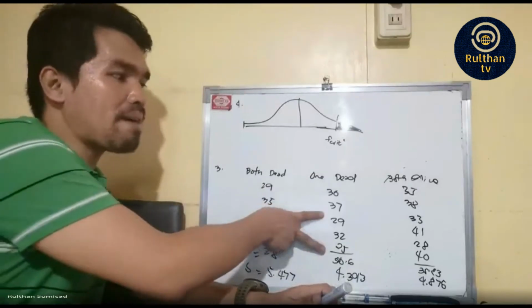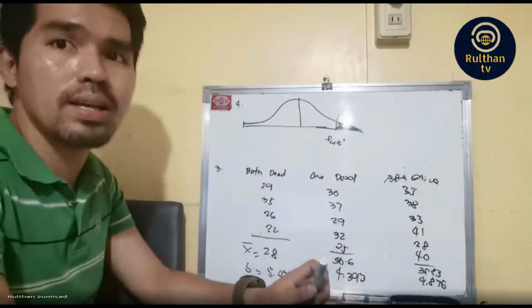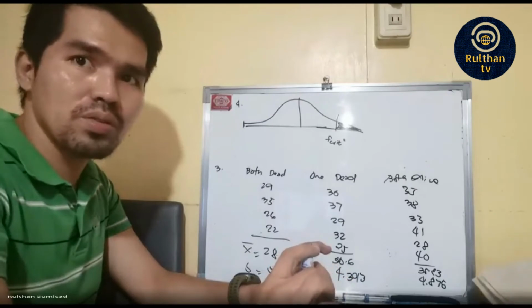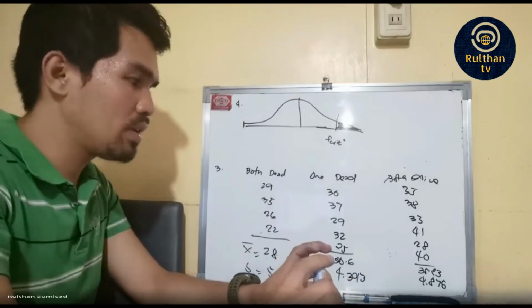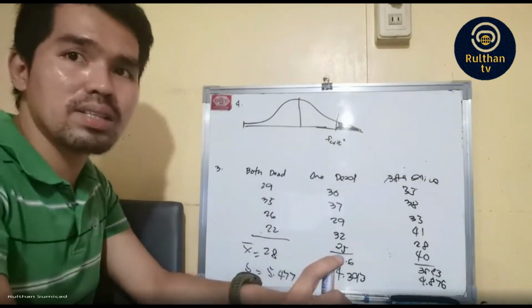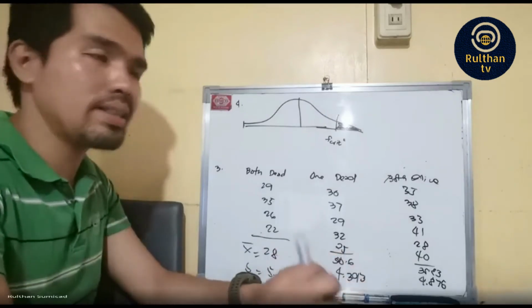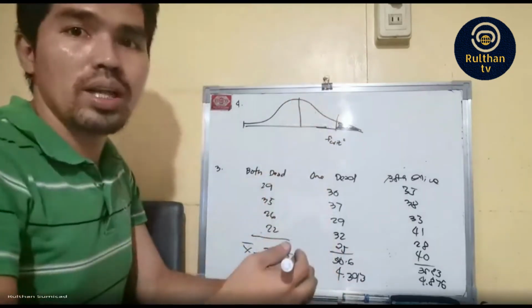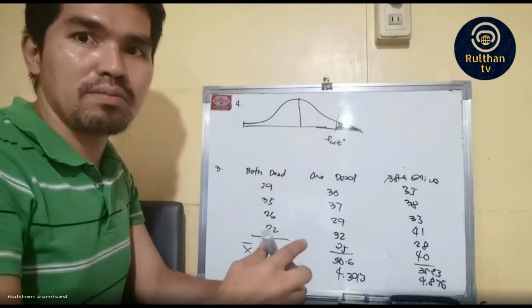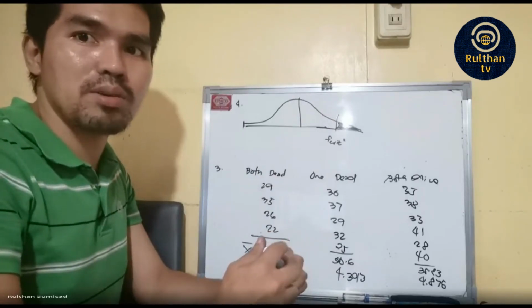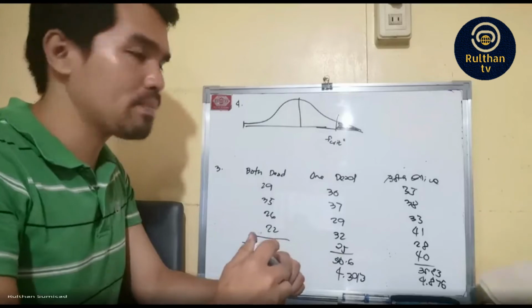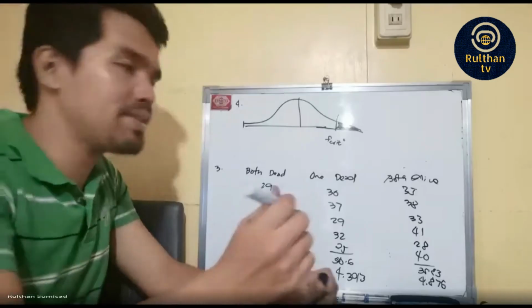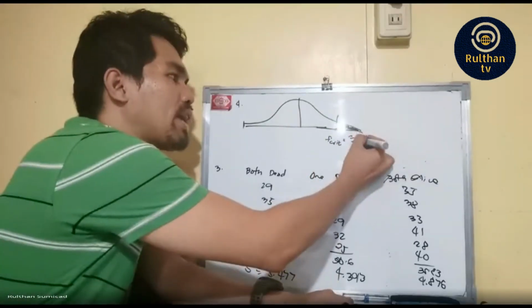And then this is 5. This is 6. Add it all minus the number of groups. That's 15 minus 3. There are 3 groups. That is 12. So that's 2 and 12 for the critical value of the F distribution for alpha 0.05. What is the value? Okay, our critical value is 3.89.